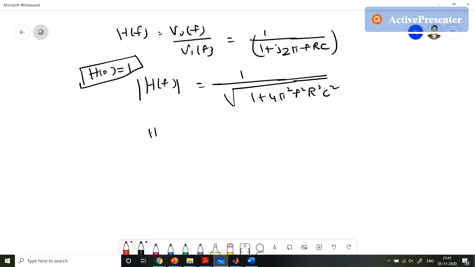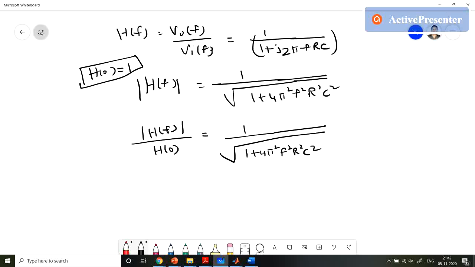So modulus of H(f) divided by H(0) is equal to 1 divided by under root 1 plus 4 pi square f square R square C square, and that is greater than or equal to 0.95.